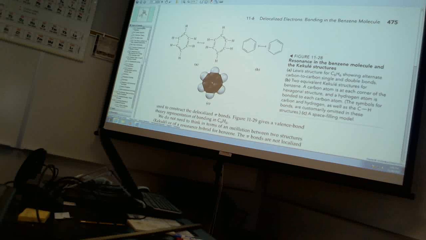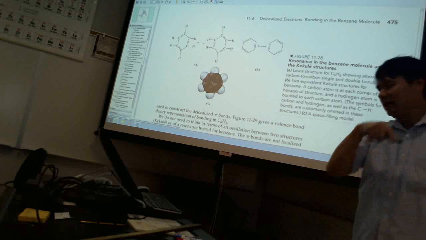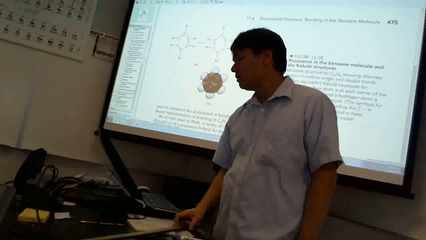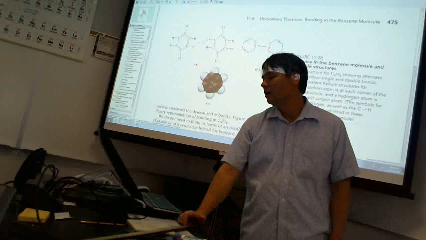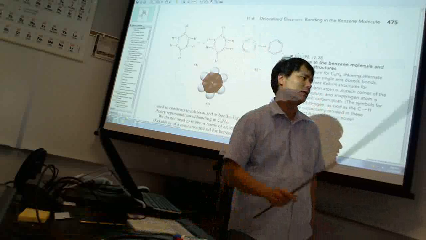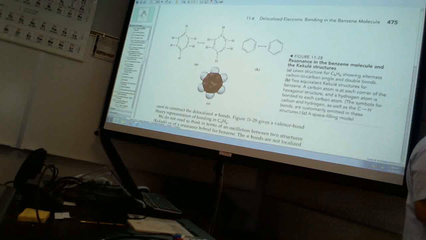And so it turns out that all the bonds are exactly the same as one another. The bond order is 1.5. But 1.5 bond order means it's between a single bond and a double bond in terms of strength. But this is actually more stable than expected.